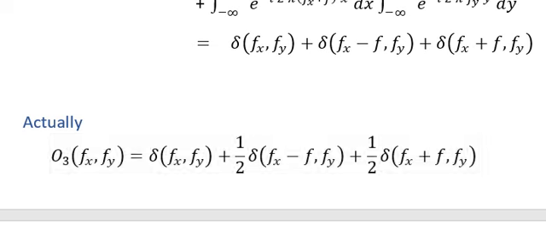One is half into delta of fx minus f comma fy plus half into delta of fx plus f comma fy.